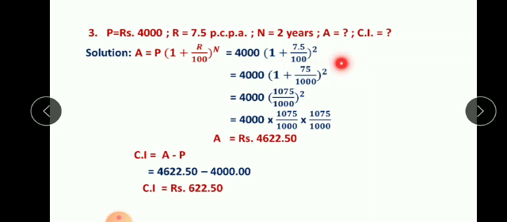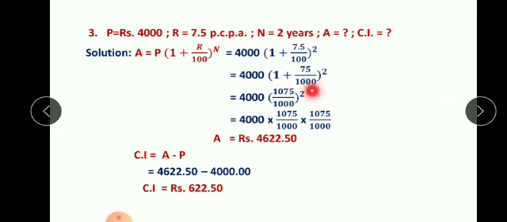Here also 4,000 is multiplied with 1 plus, now here what I have done, 7.5 can be written as 75. And in the denominator we will add 0, so it will become 75 upon 1000, its square. Now again do cross multiplication, whatever terms are in the bracket.